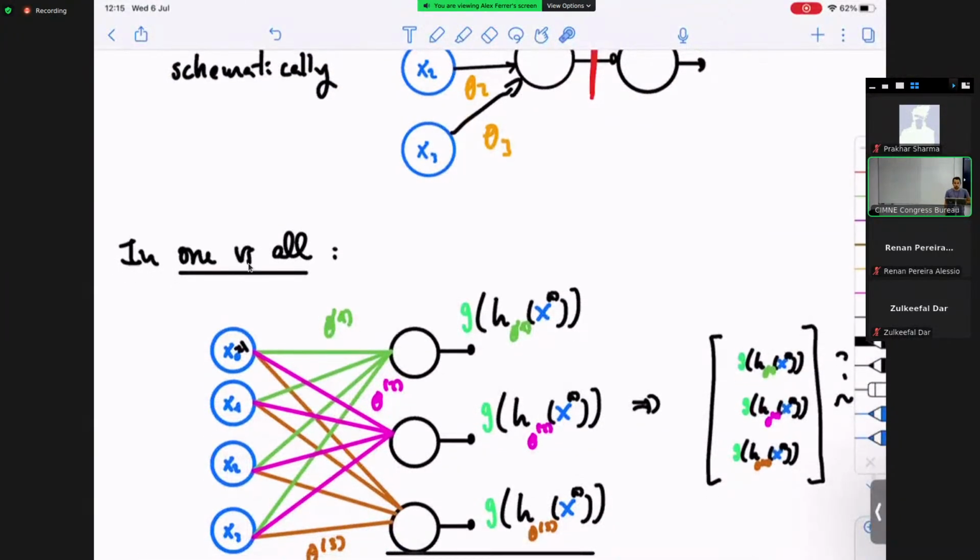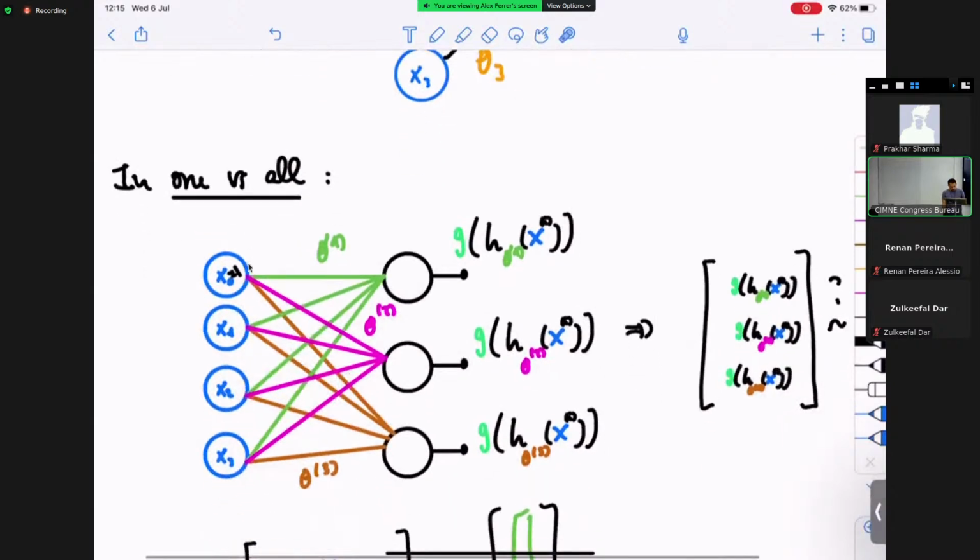What does one versus all mean in the sense of neural networks? It's the same, but now the output is not 1 or 0. We have 3 outputs because the output is a vector now. The output is 1, 0, 0, or 0, 1, 0, or 0, 0, 1.